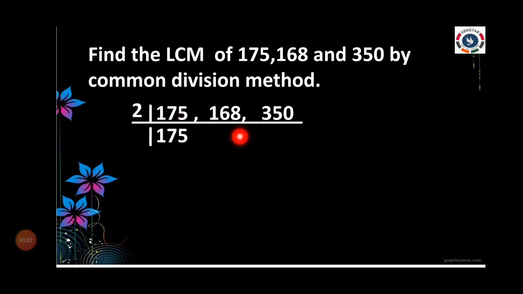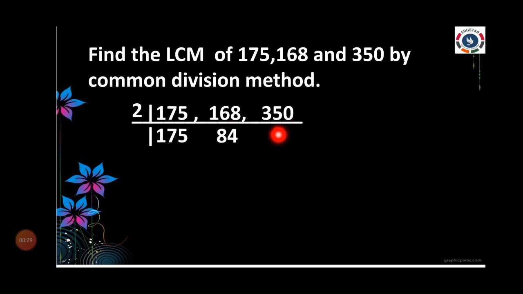Then move to the second value, 168, that is an even number, we can divide the value by 2. First two values I am taking 16, in 16 there are 8 twos, so I am going to write 8 down, and the third is 8, it has 4 twos, so I am going to write 84.